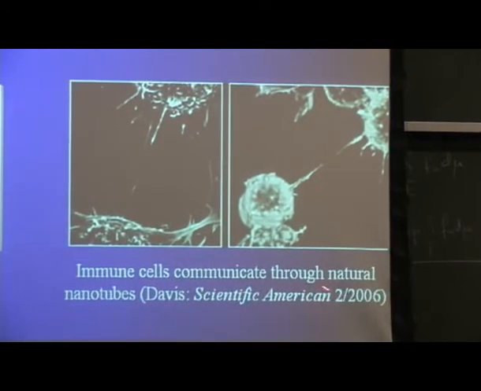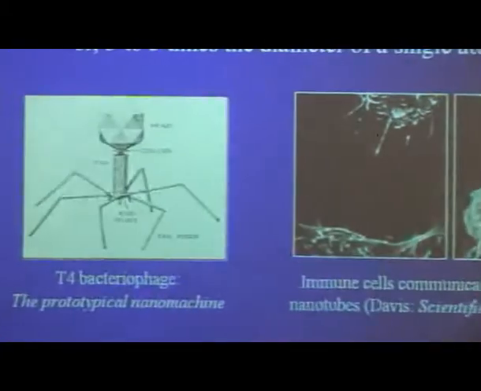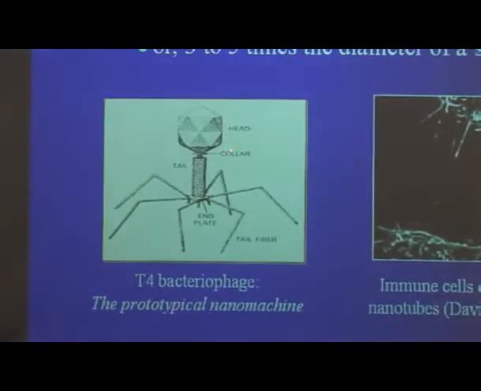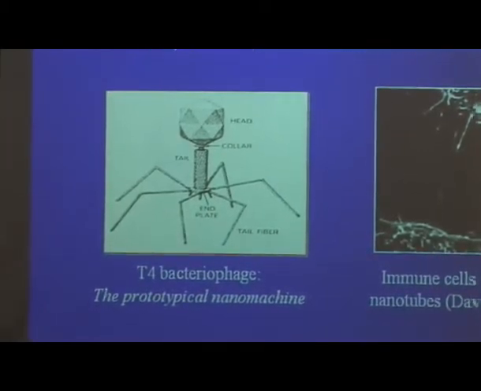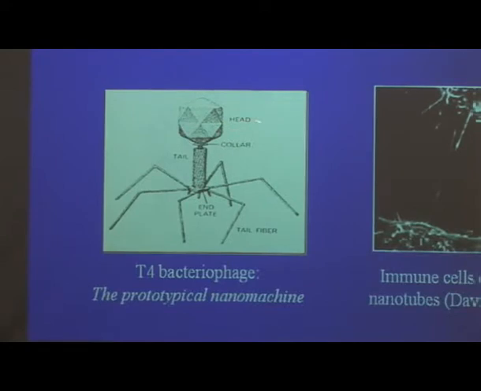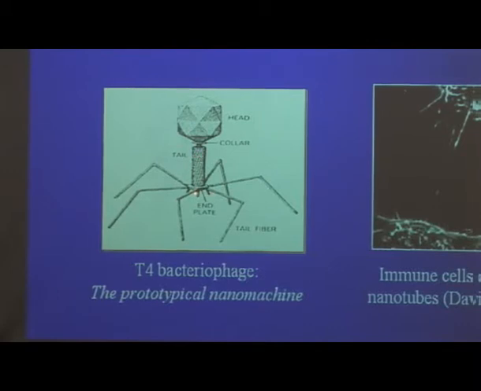So this is a normal process, and in fact, one of the oldest kinds of nanoparticles is a bacteriophage. This is a virus, basically, that looks kind of like this. If you see an electron micrograph of it, it has a head with some kind of genetic material in it, DNA or RNA. It has an injector piece here, and it has a little nozzle up here, and it has some grabbers down here.